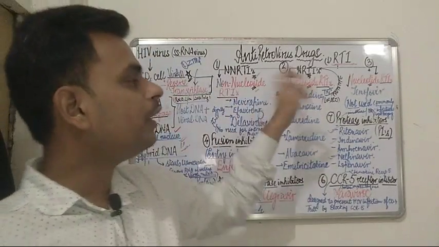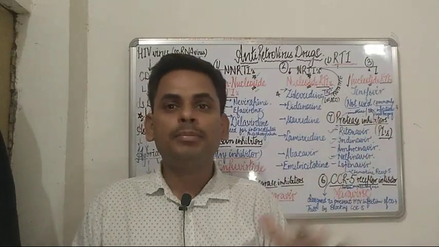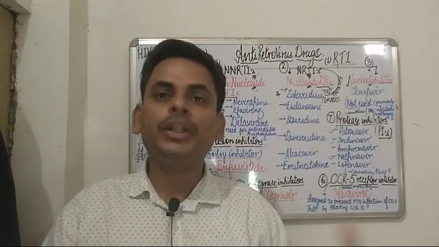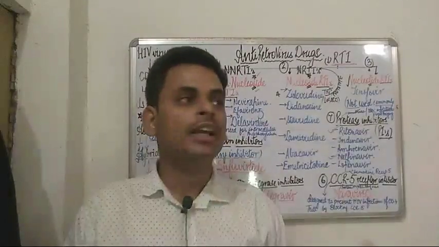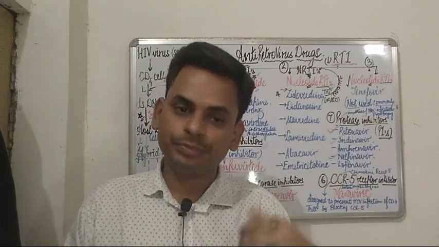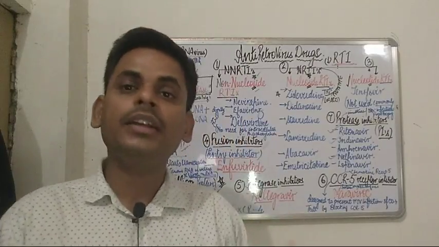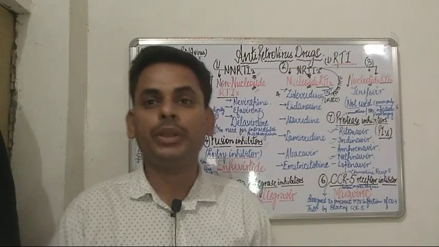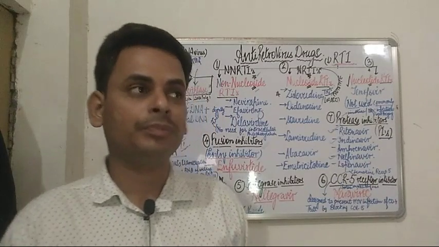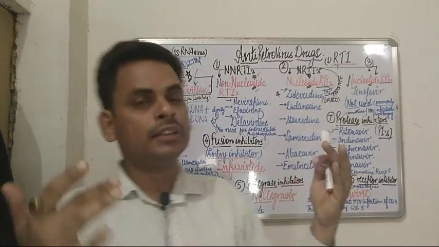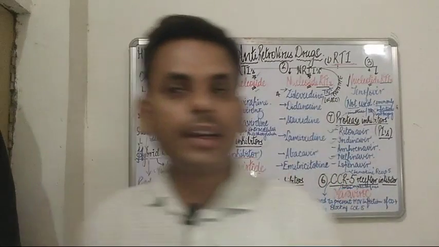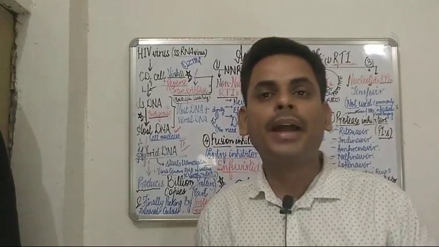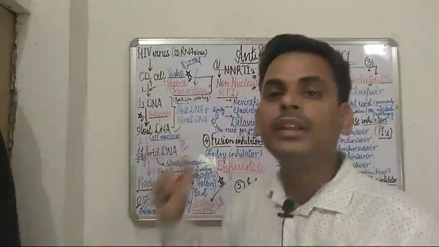So this zidovudine is mainly helpful in preventing the infection of the newer cells by the HIV virus, but it has no role in the step where the viral DNA has already integrated with the host DNA.